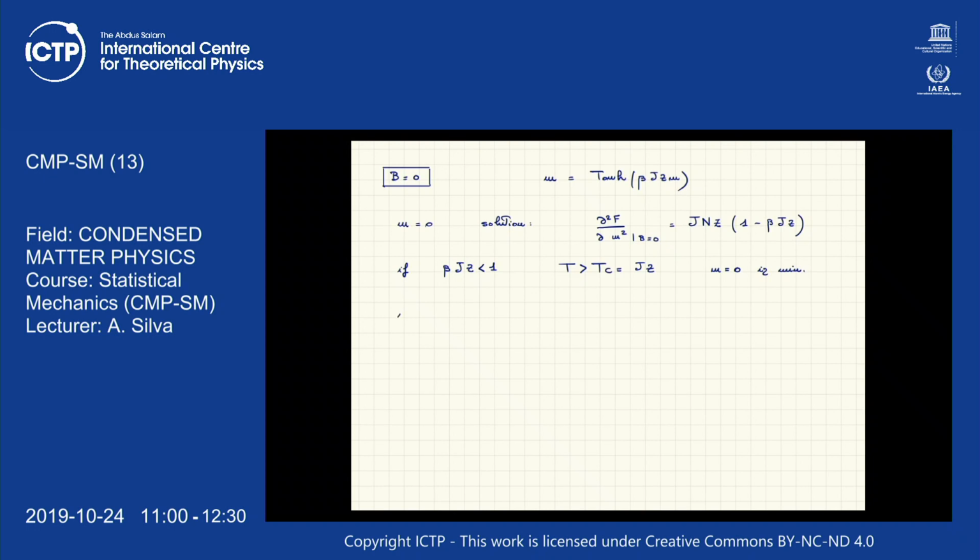If instead beta J z is greater than 1, which means that T is smaller than Tc, then m equals 0 is a maximum.